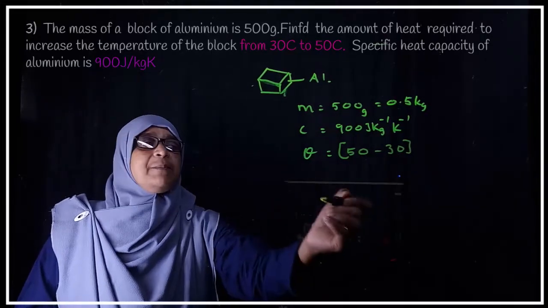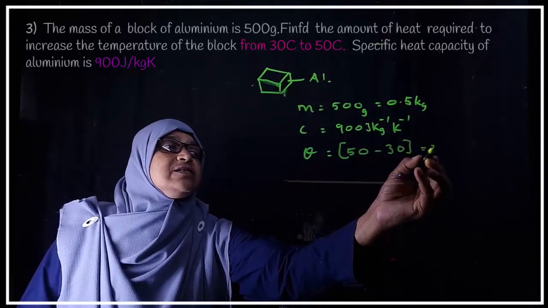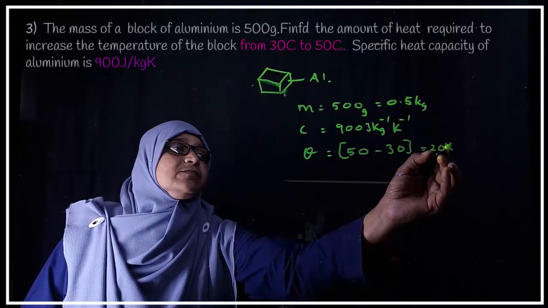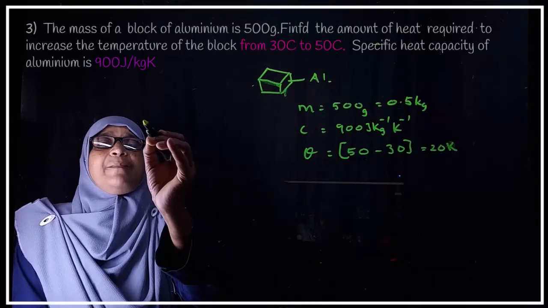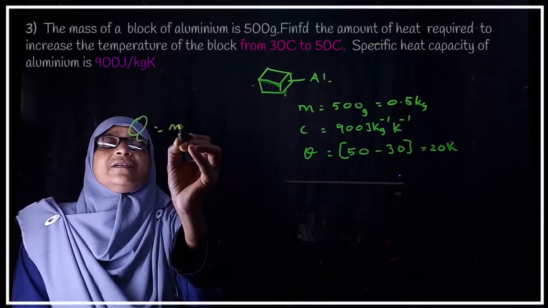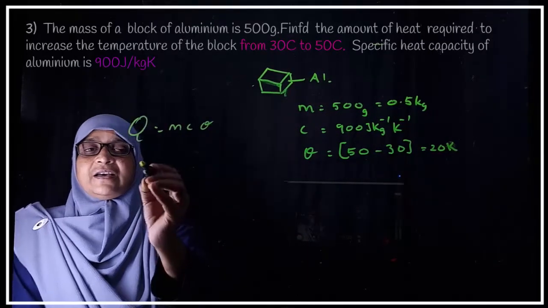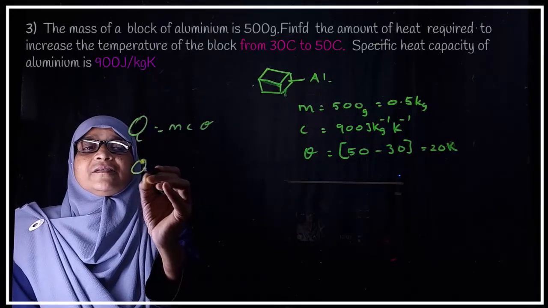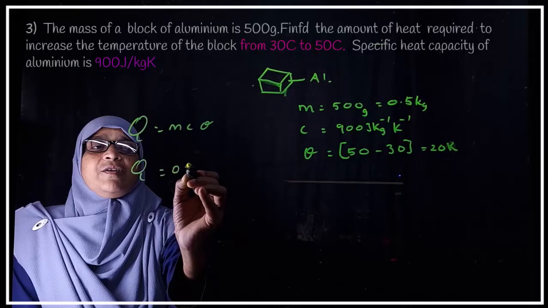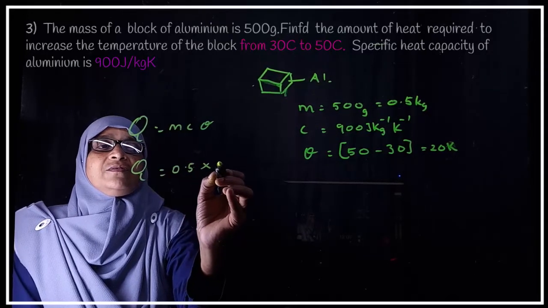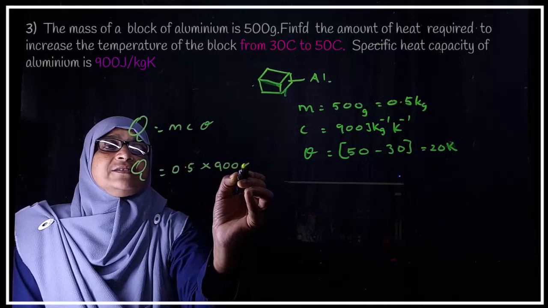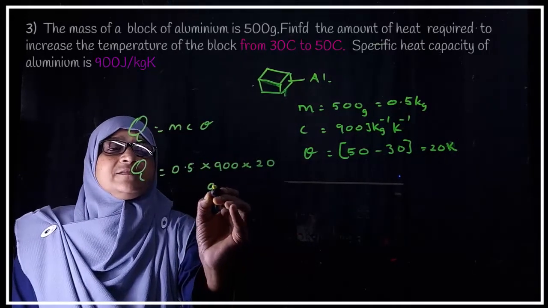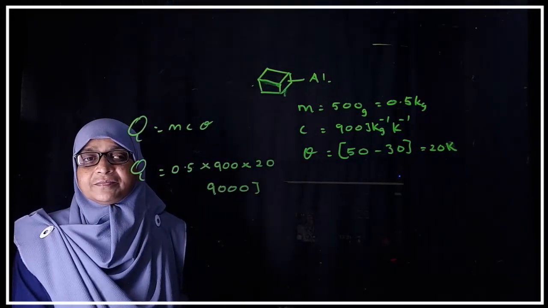Then the temperature change is 20 K. Now apply Q equals m c theta. Then 0.5 into 900 into 20.